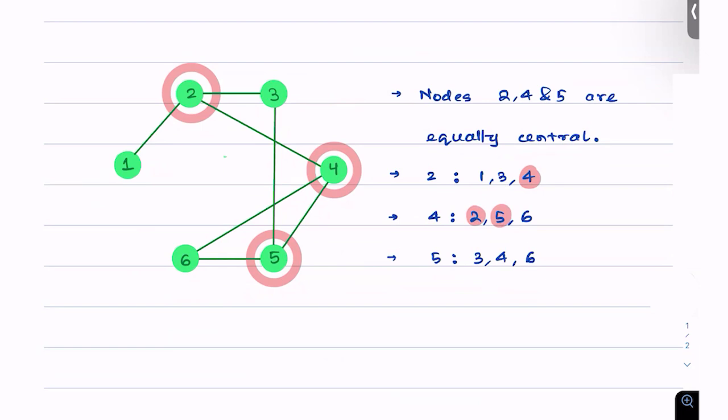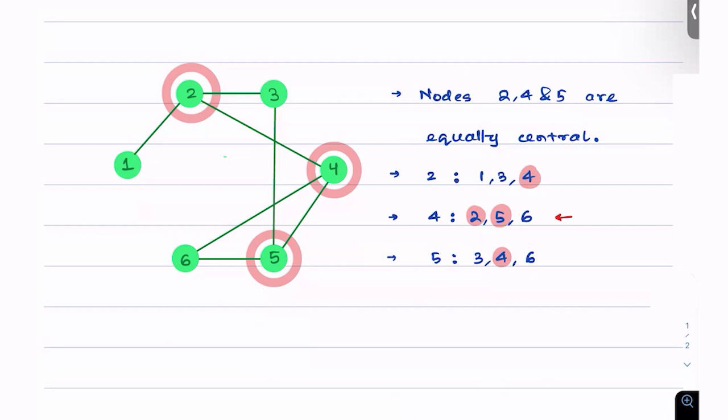Node 5 has 3 neighbors, 3, 4, and 6, and 4 is again a central node. Each of the nodes has at least one central node as its neighbor, but node 4 has 2 nodes as its neighbors which are quite central in terms of degree centrality, in the sense that they have a lot of neighbors or friends associated with them.